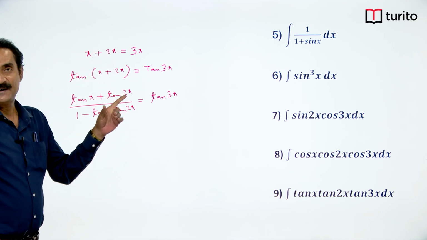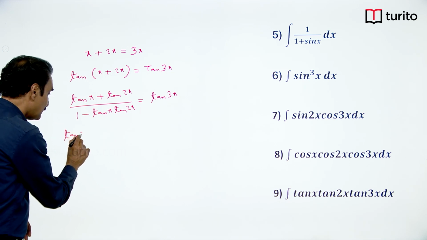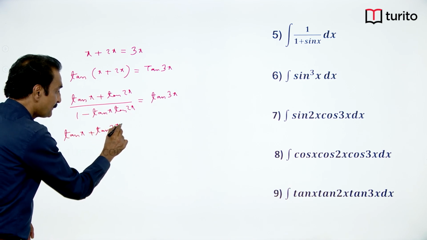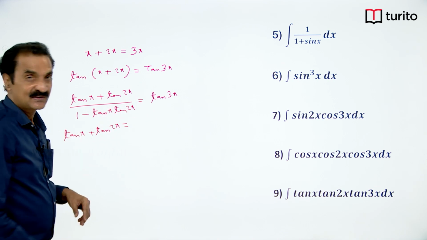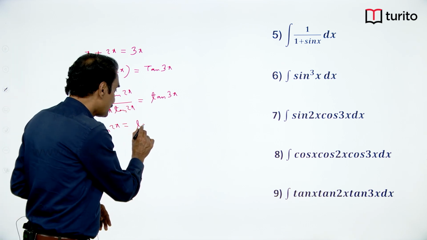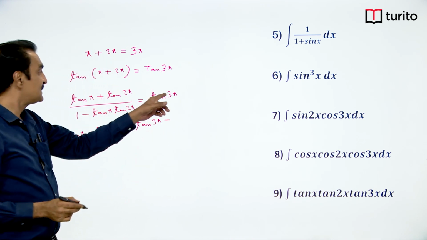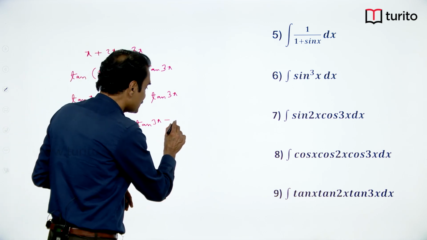Now, cross multiplying, tan x plus tan 2x is equal to 1 into tan 3x minus this into this, tan x into tan 2x into tan 3x.